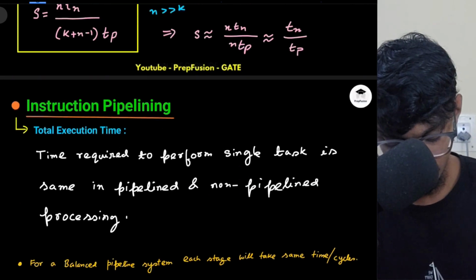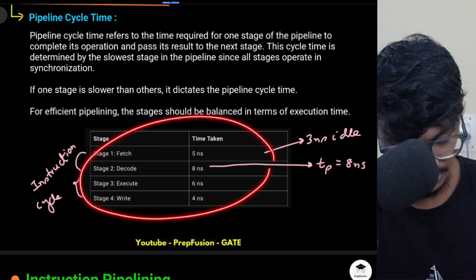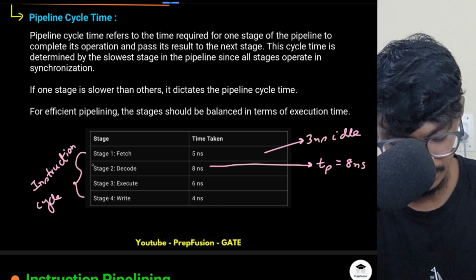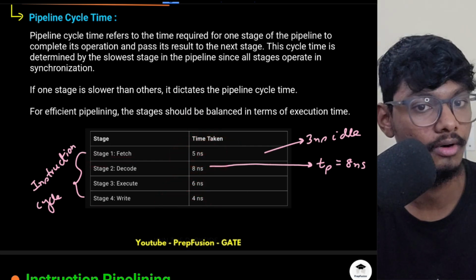That means if this is a balanced pipeline system, each stage will take the same time. So if this is 5 nanoseconds, all the others will be 5 nanoseconds.